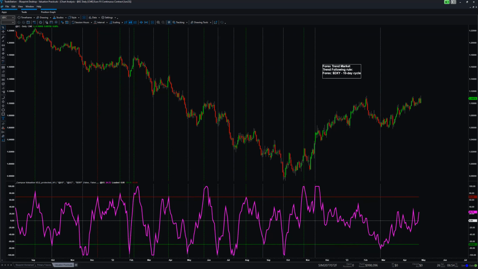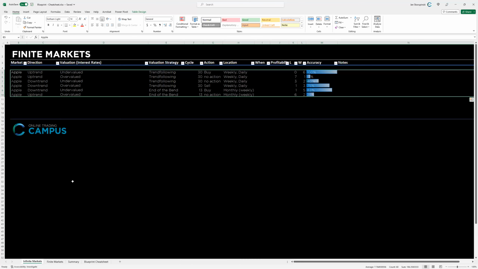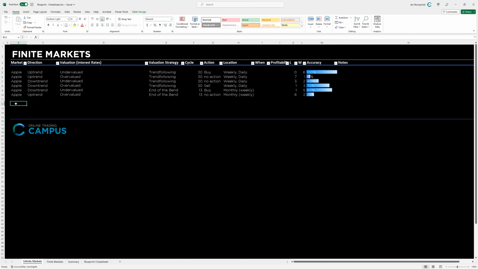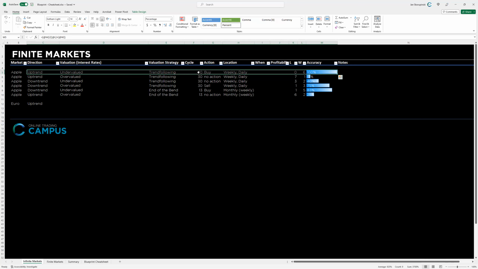And if you were to go back to that sheet here and just put in euro uptrend, exactly the same thing that we did for Apple, and what I did very quickly, you would get similar results. The high accuracy ones are the trend following downtrend, trend following sell, and uptrend, trend following buy.